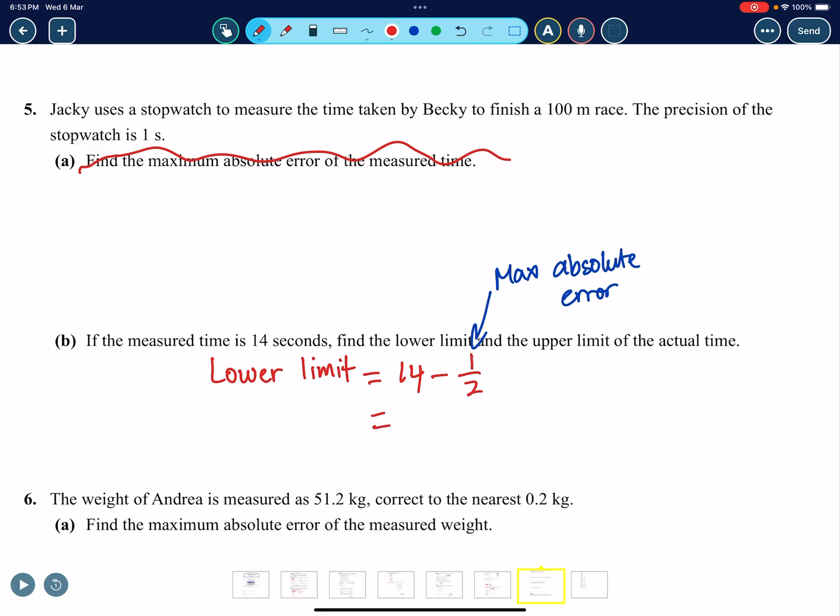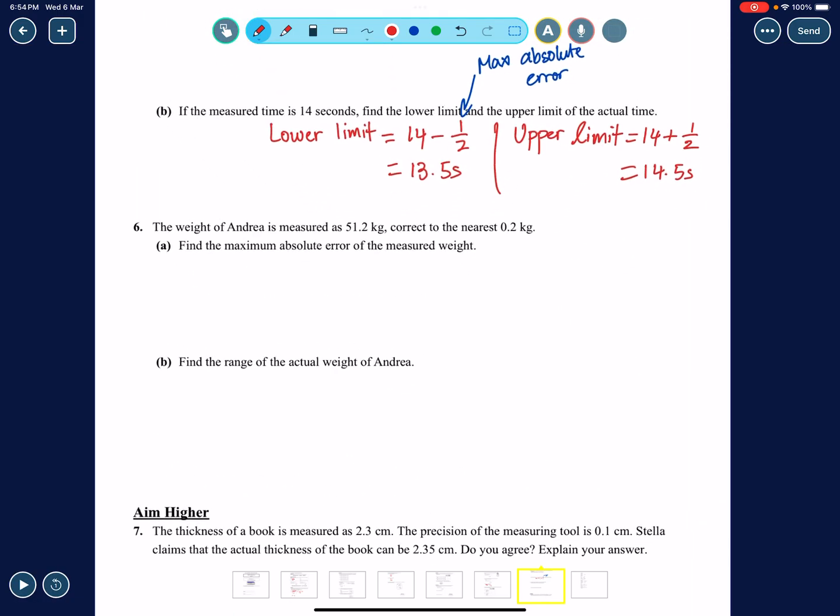So for the lower limit, it's 14 minus 1/2, so 13.5 seconds is your lower limit. For your upper limit, the maximum error you can have will be 14 plus 1/2, which is 14.5 seconds. All right, so that's it you have to do.